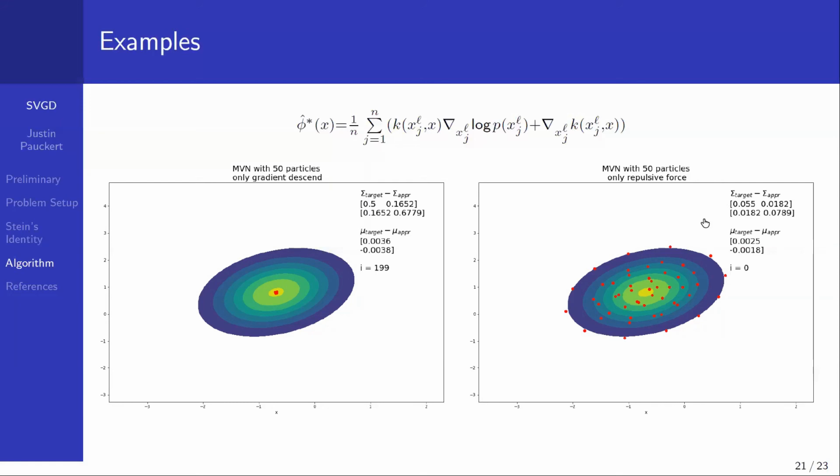So to be sure, I actually did that as well. So I neglected this part, only simulated that part. And what you can see is they're just going all over the place, destroying the beautiful solution that we already had. And this is no good as well.